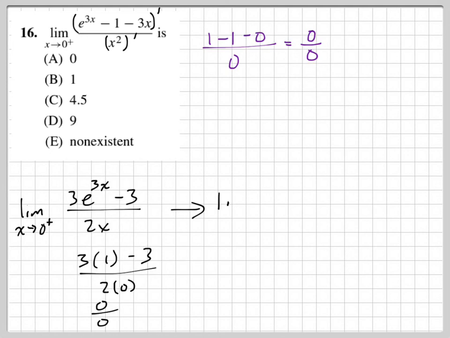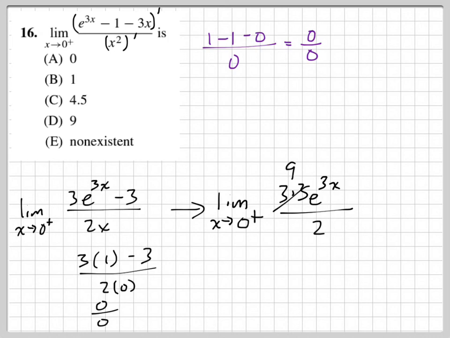So we take the derivative of the top and bottom yet again, and we're crossing our fingers, hoping it works this time. It didn't work 2 problems ago, but let's see what happens. The derivative of the first one is going to be e to the 3x again. But this time we have to multiply the 3 times the 3, so that's actually going to be a 9. The minus 3 goes away, and then I'm left with a 2 on the bottom.